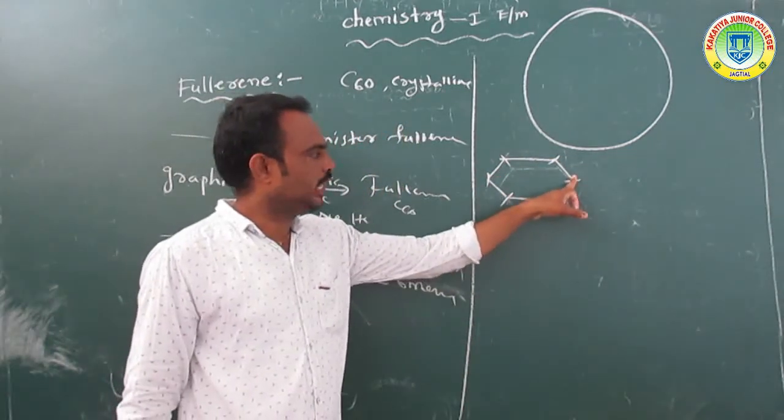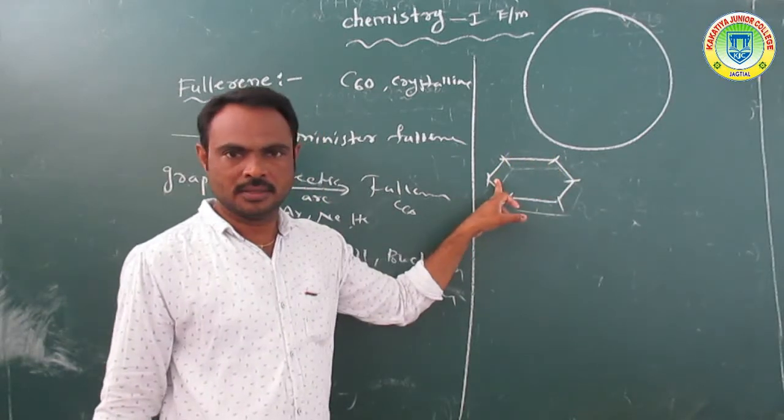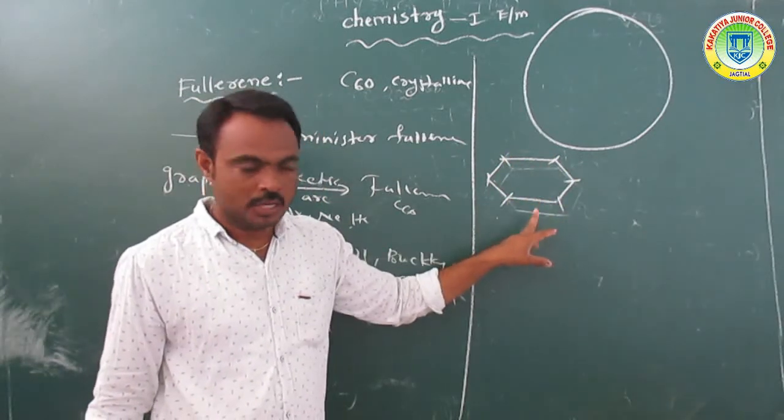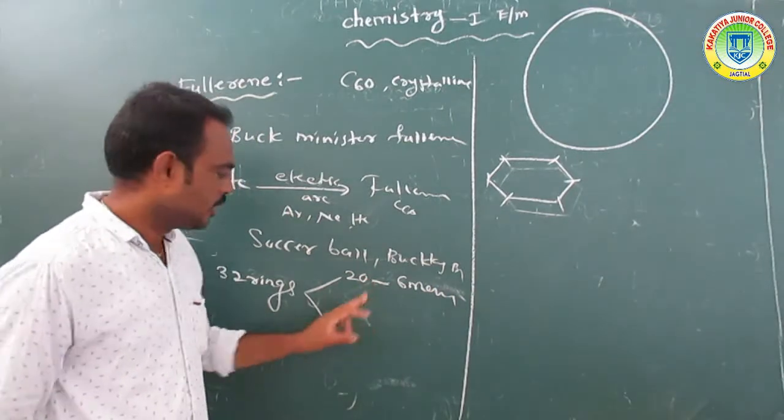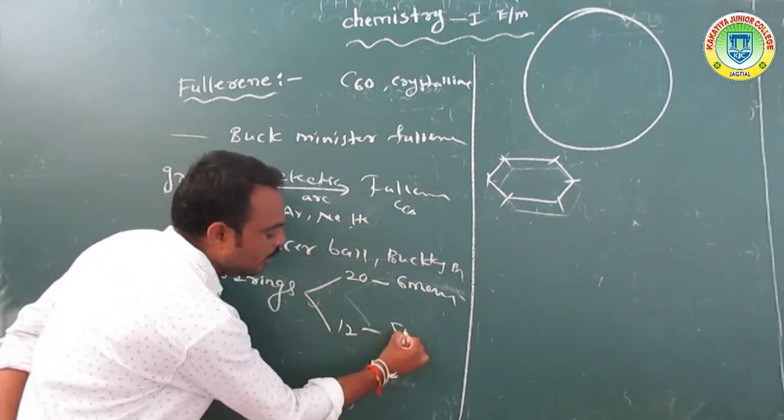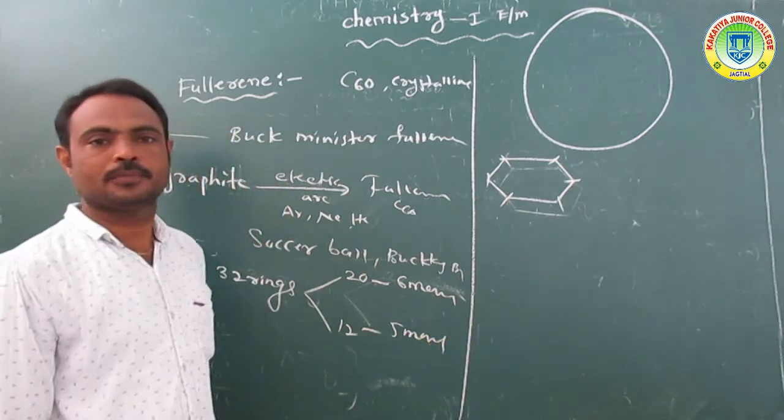So how many 6-member rings? 20 six-member rings. Next, 12 five-member rings.